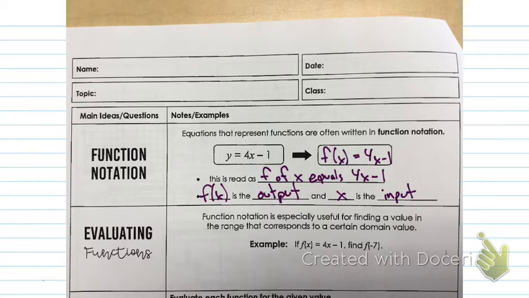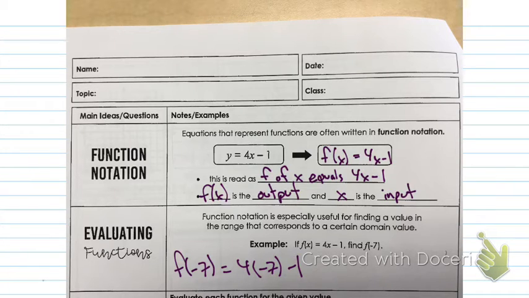Okay? So here's how it works. The function of x equals that stuff. So right here, that's saying, what happens if it's f of negative 7? Well, f of negative 7 in this circumstance just means 4 times negative 7 minus 1. It's saying, what's the function of negative 7? Negative 7 would be our x value, our input.